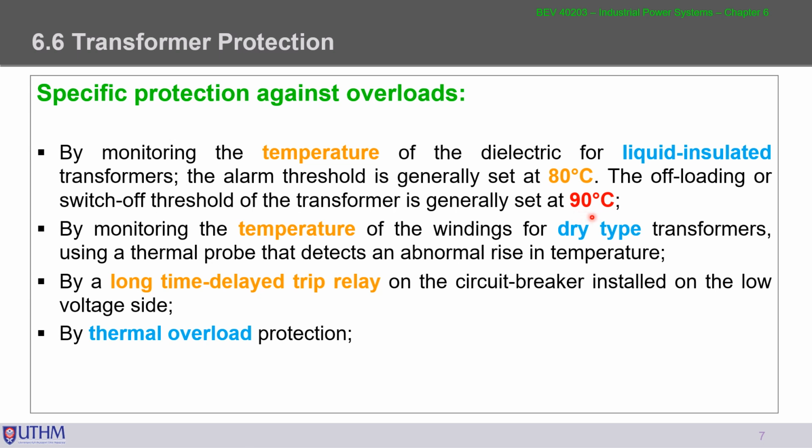This is because some transients happen during de-energization, so we have to increase the temperature a little bit. Next, we still have to monitor the temperature of the dry type. The process is the same for liquid or dry type insulation. We also have to consider the long time delay trip relay on the circuit breaker installed on the low voltage side of the transformer, and also the thermal overload protection of the transformer.